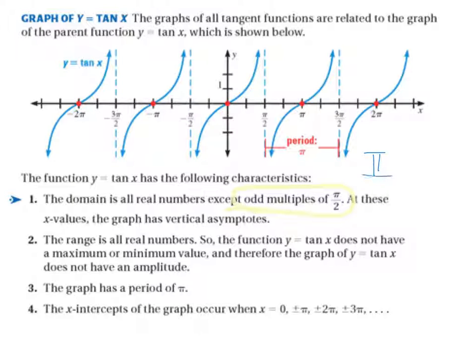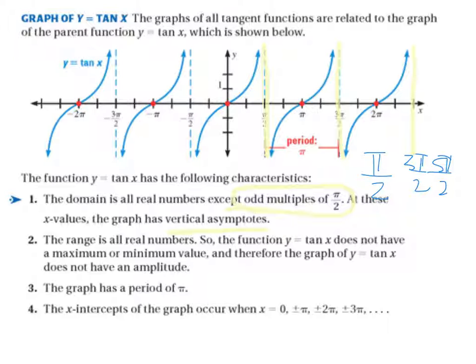So 1 pi over 2, 3 pi over 2, 5 pi over 2, etc. If you look here, this right here is 1 pi over 2, 3 pi over 2, 5 pi over 2, etc.